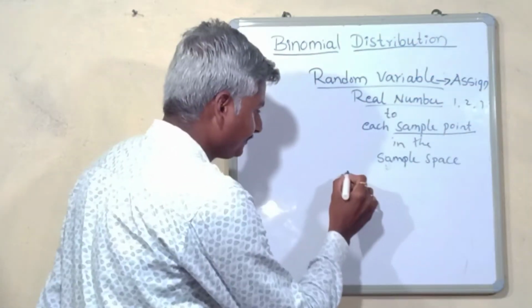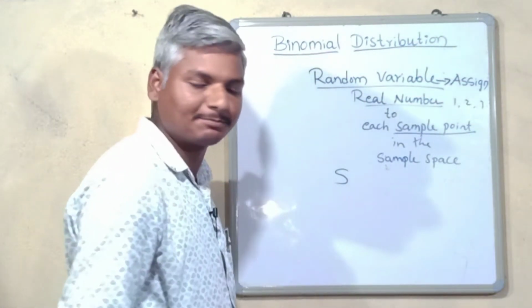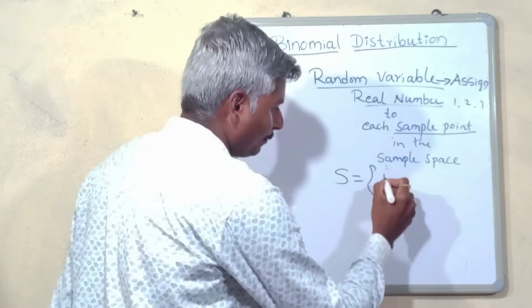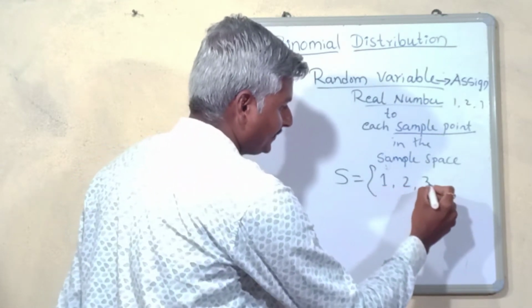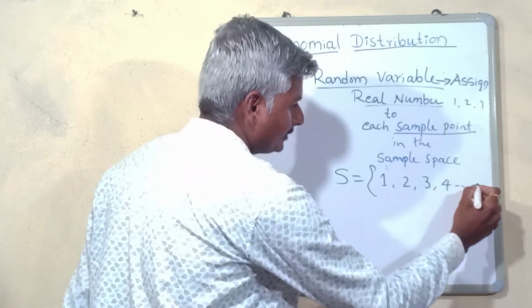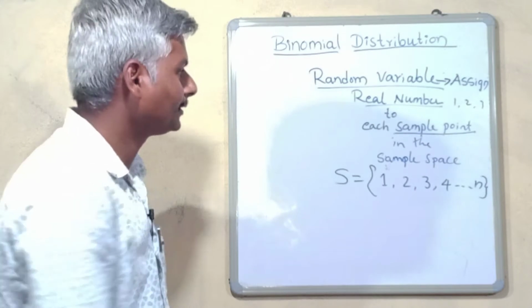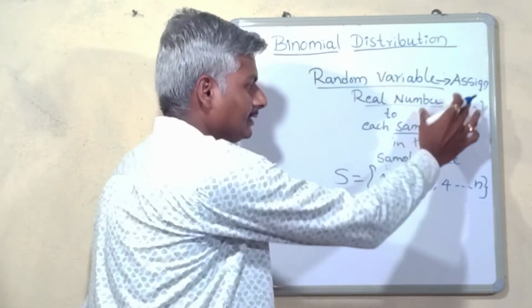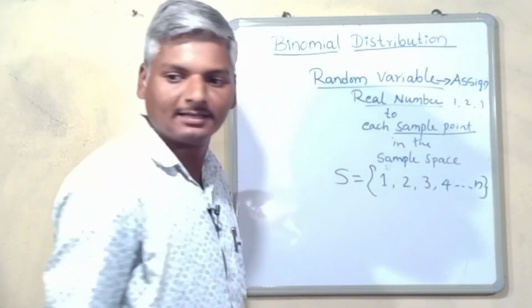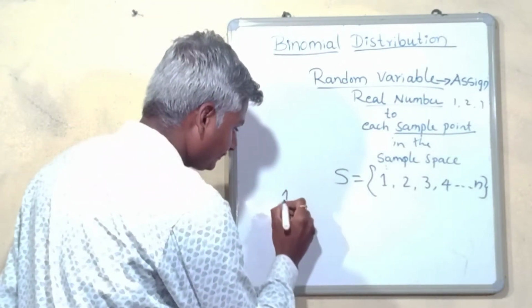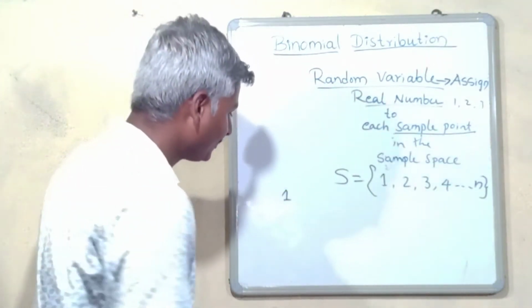For example, we denote the sample space by S, that is 1 2 3 4 till n. So here a random variable is like this. Then there are two types of random variable.